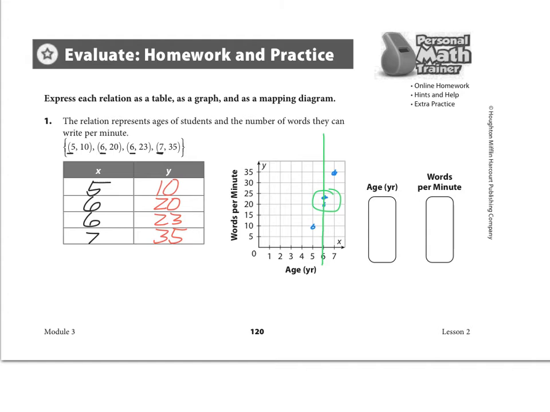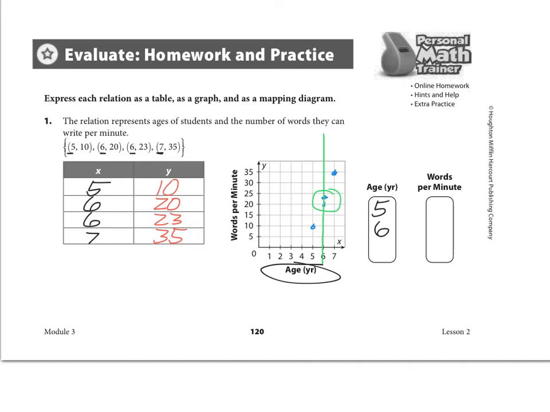Okay, the last way to do this is what's called mapping. Now, in mapping, you do x, which is your x's here, which are labeled down here. So labeling graphs, labeling maps, all those things are very important. In a table and in points, you just have values for x and y. The difference between mapping and a table is that in mapping, you only list the values one time.